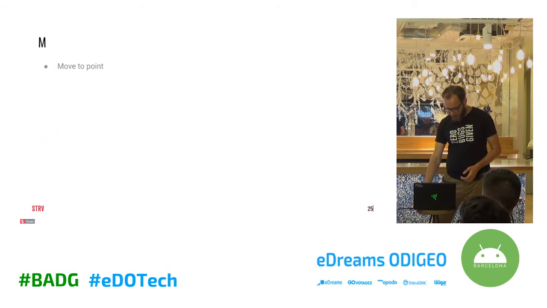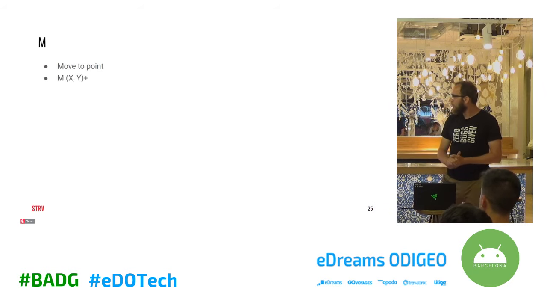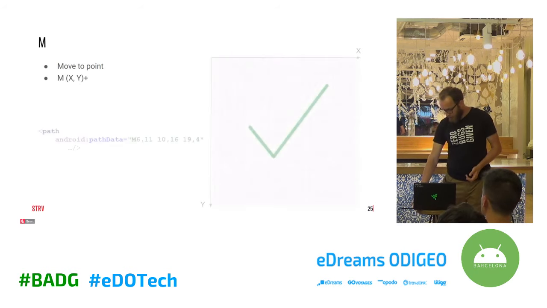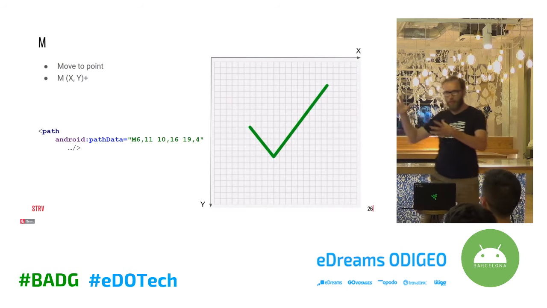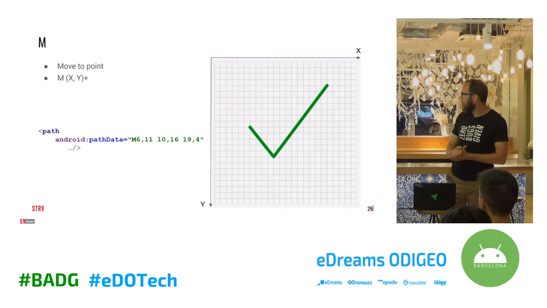First one is the M, which, as I mentioned, means move to a point, and you always define where you want to move to, so X and Y coordinates. So here I have the canvas with a size of 24 by 24. The horizontal axis is X and the vertical is Y, as we are used to in Android.